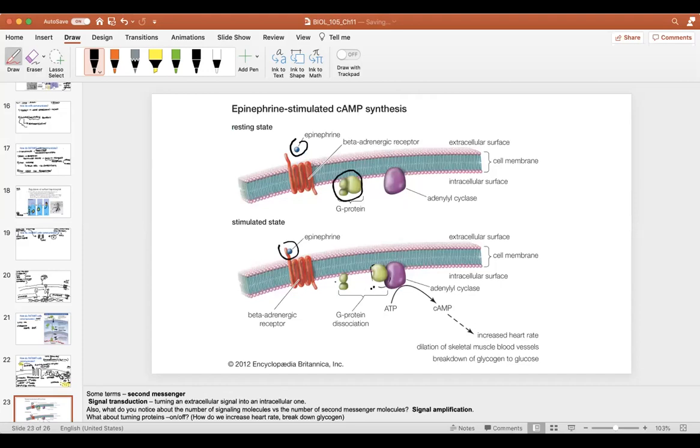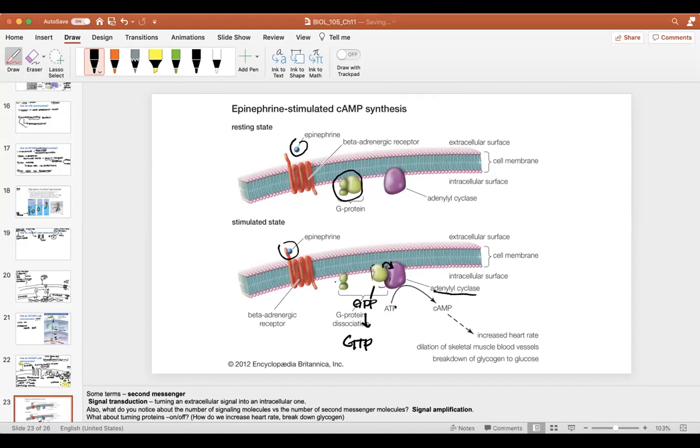And what they don't show you is that you go from having GDP attached to having GTP attached, all right? So when we have that situation where the GTP and part of the G protein attaches here, we activate the enzyme called adenylyl cyclase.